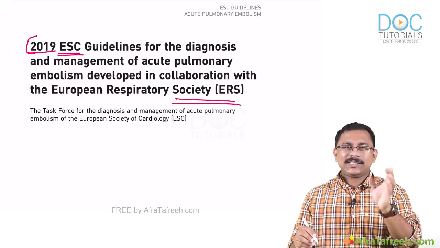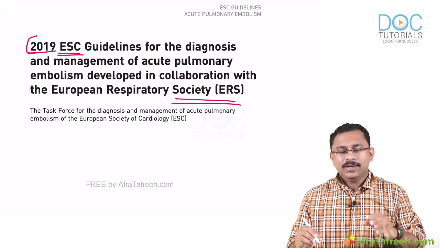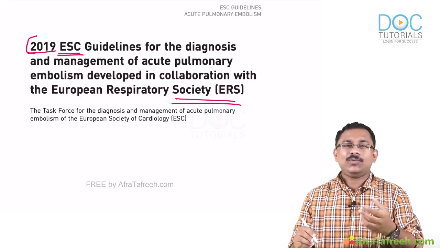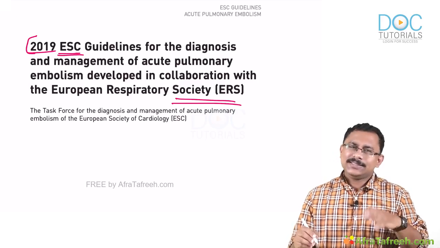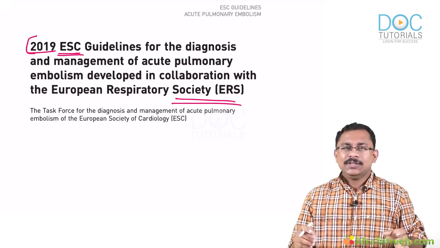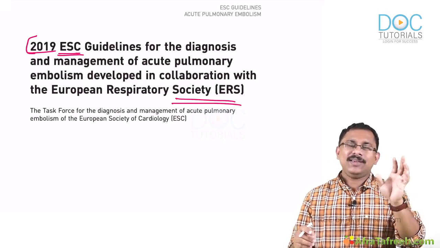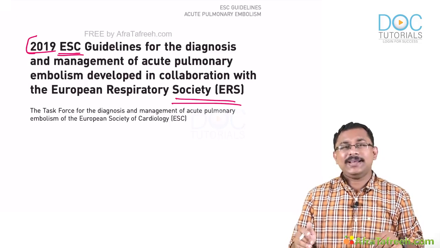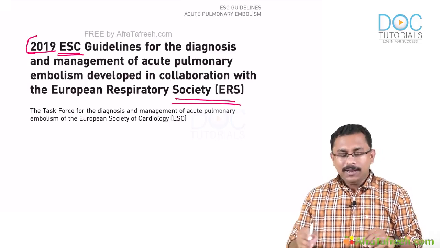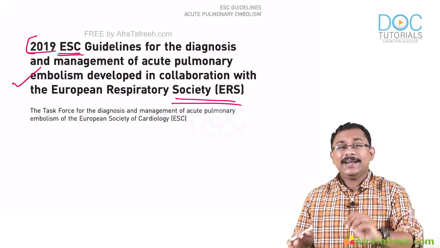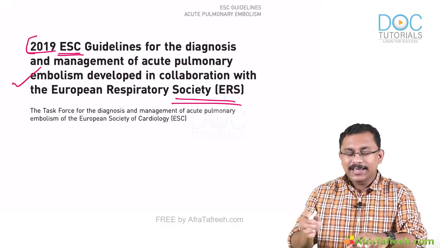Whenever you discuss the respiratory system, the European Respiratory Society is again one dominant body that would form guidelines, just like you have the American Thoracic Society and the British Thoracic Society. So you might have guidelines of the American Thoracic Society and British Thoracic Society, and you might have guidelines of the ERS. For pulmonary embolism, the most accepted and the standard one is the guidelines of the ESC and ERS.